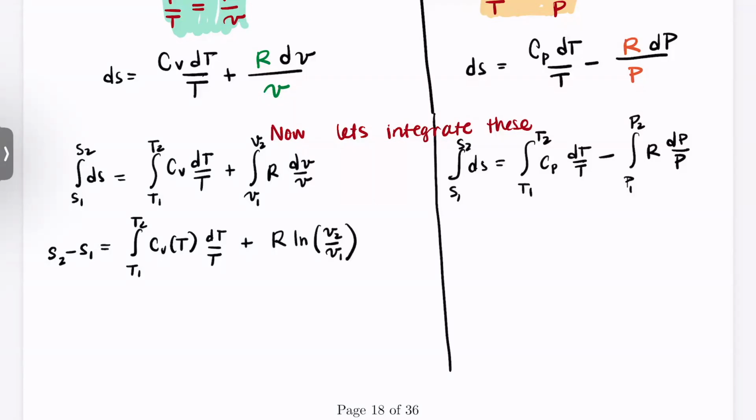This is the same process as before, so I skipped the step of applying the limits and then doing the laws of logs, okay? Same or a similar story on the right-hand side of this derivation over here. So I'm going to keep this integral intact and also write that Cp is a function of temperature. And then this integral is R times the natural log of P2 over P1.